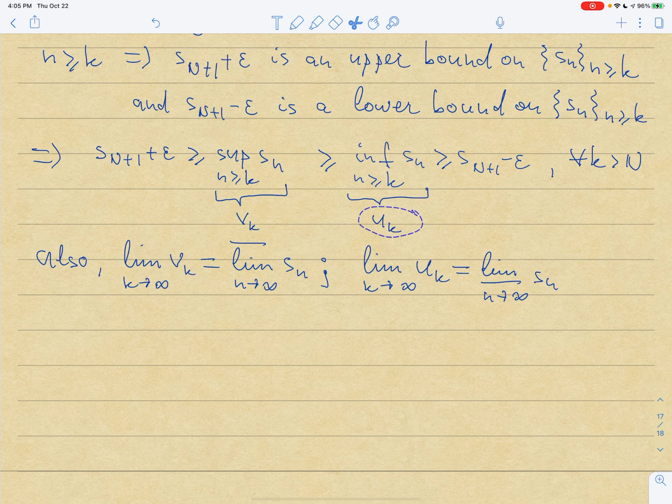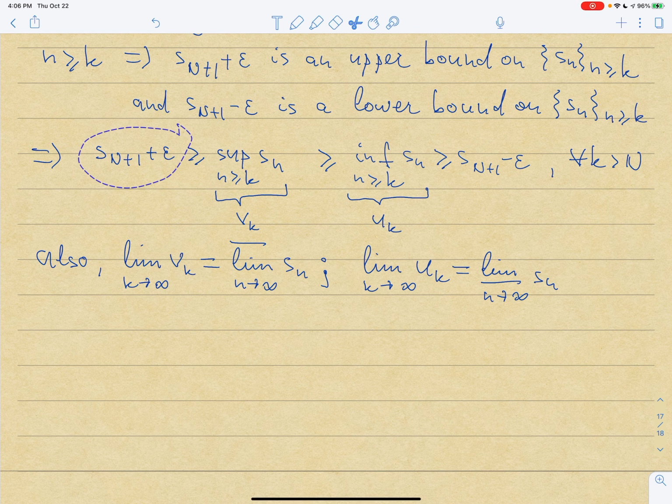So because this sequence is bigger than this sequence, the limit of this is bigger or equal than the limit of that. And likewise, because every element of Uk is greater or equal than S capital N plus 1 minus epsilon, and every element of Vk is less or equal than S capital N plus 1 plus epsilon, then the same set of inequalities should hold for the limits.